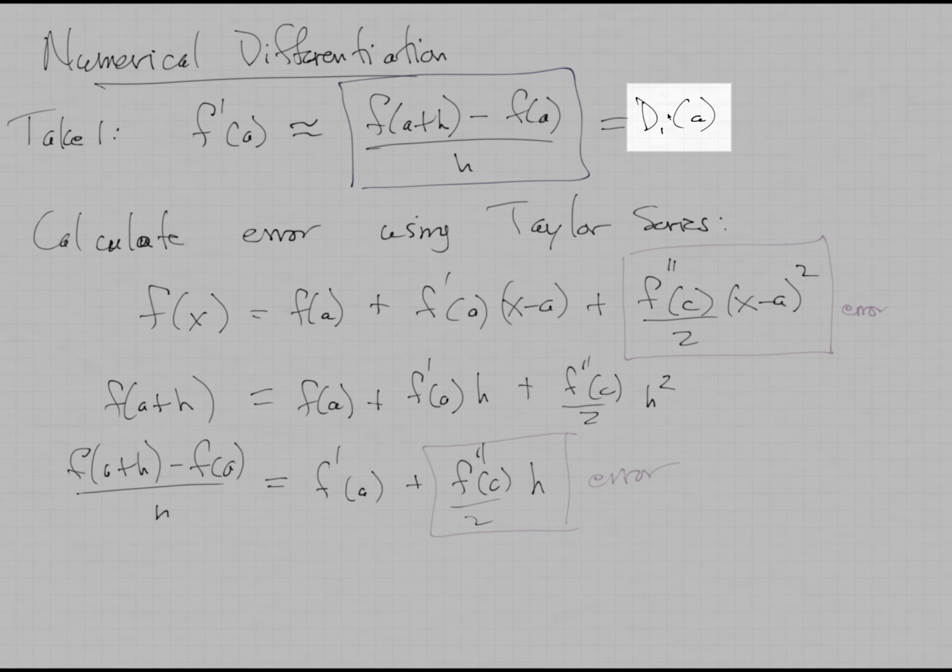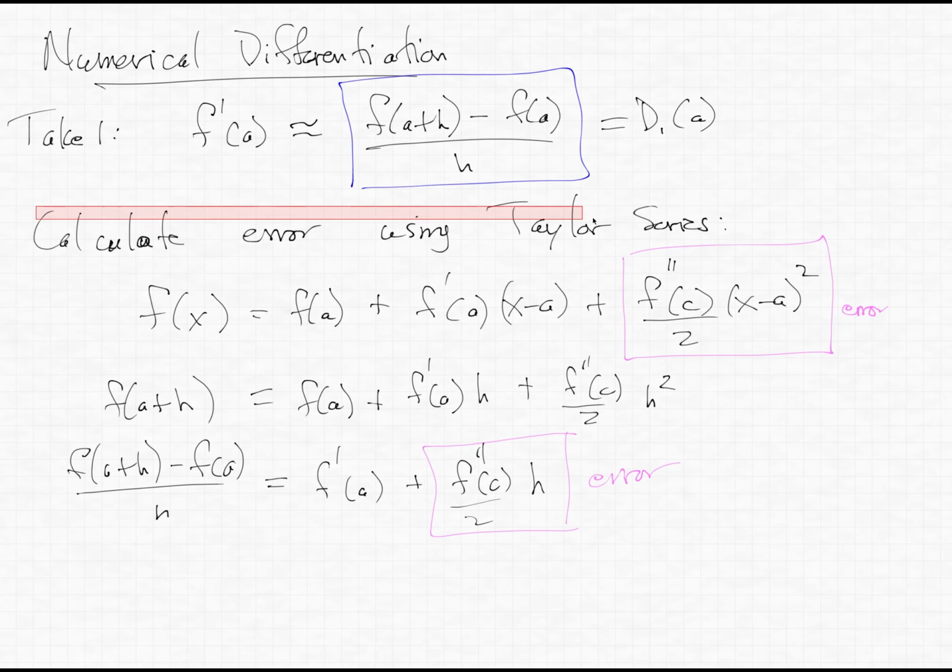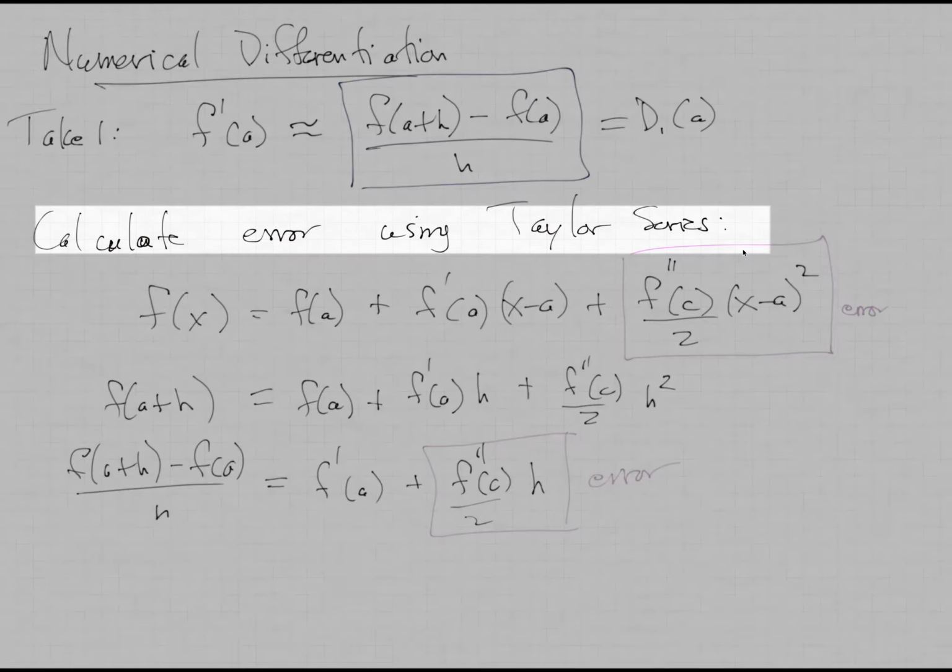Okay, now we can see how good a job that does by using Taylor series to calculate the exact error term, using the mean value theorem with the value of c that we can never be sure of, but nevertheless it'll give us a good idea of what's going on.